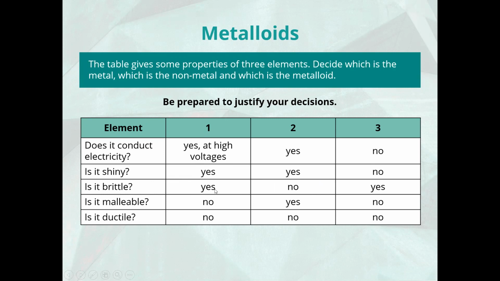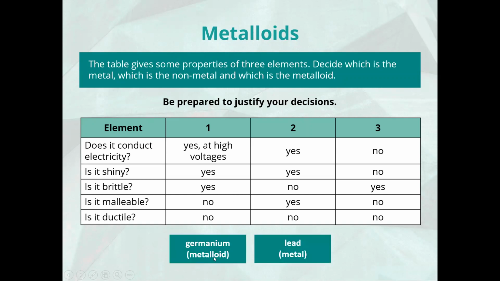So far we have that this is your metalloid, this column is your metal, and this is your non-metal. When it is malleable, metals are malleable, non-metals are not. So this must have the property of a non-metal, meaning it is your metalloid. The same with ductile, none of them are ductile. So it's a metalloid, a metal, and a non-metal.